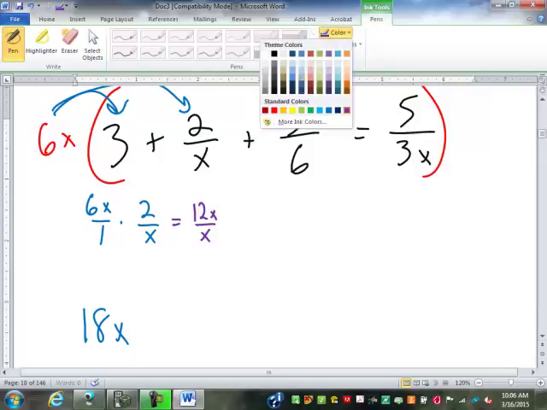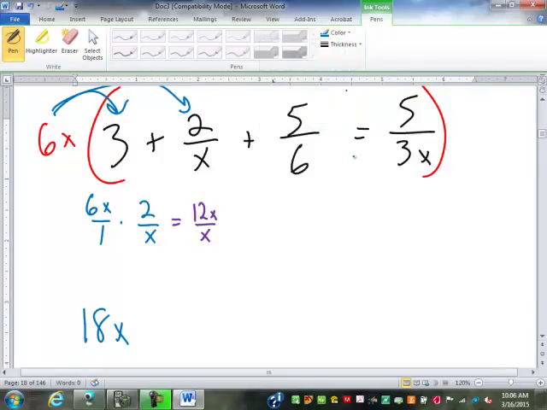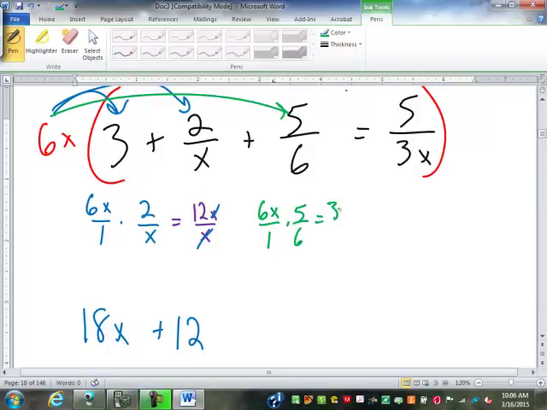The x divides out, it's just 12. So this is plus 12. And then we have the 6x times 5 sixths. So 6x over 1 times 5 over 6, that is 30x over 6. 30x divided by 6, well, 30 divided by 6 is 5. That's 5x.